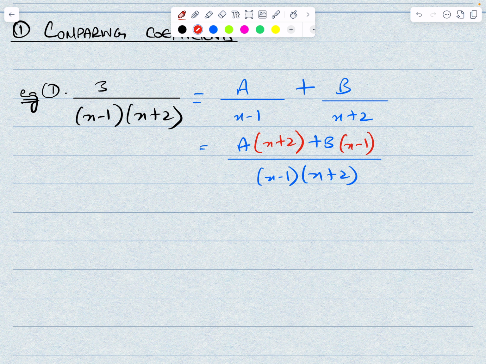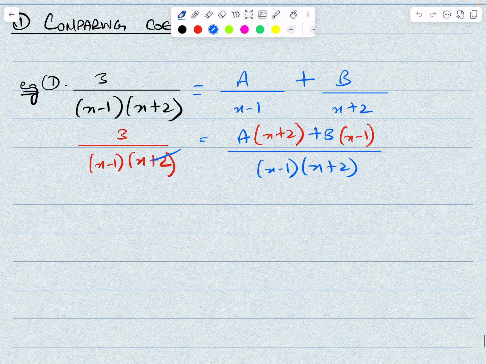And on this side, I'll have the same thing, that is 3 over (x minus 1)(x plus 2). So now realize that the denominators will cancel off.